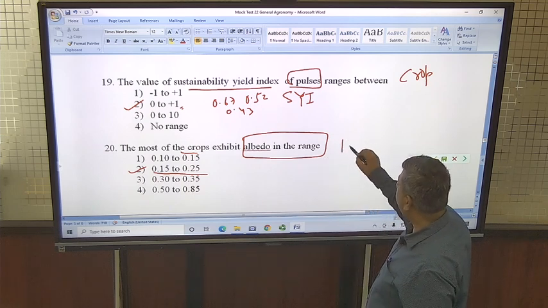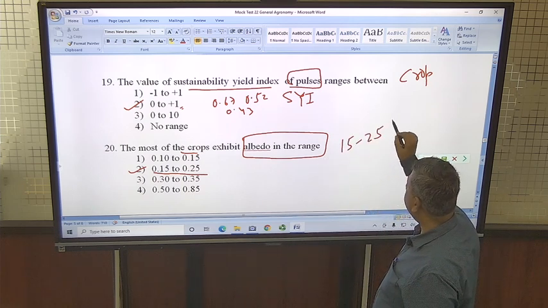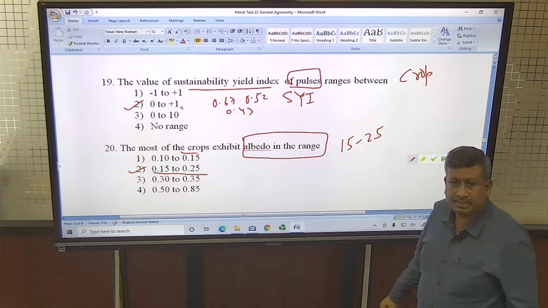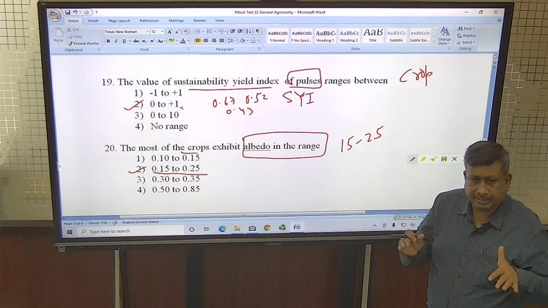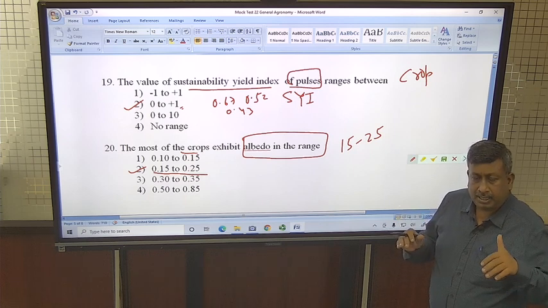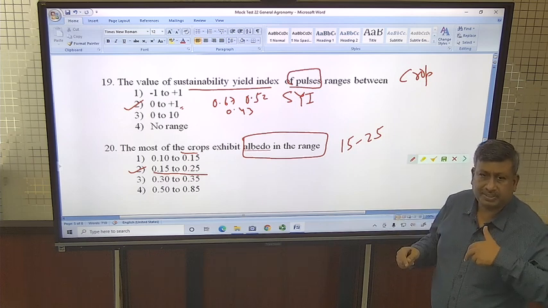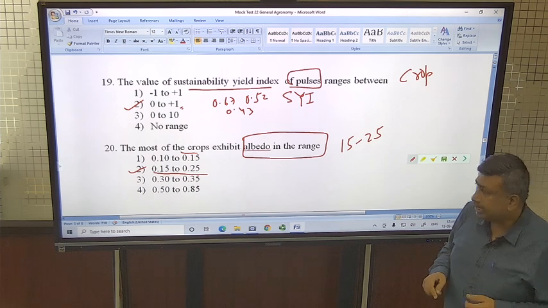It means 15 to 25% of the radiation is reflected back by the canopy. Out of the radiation falling on the canopy, 15 to 25% is reflected back into the atmosphere.